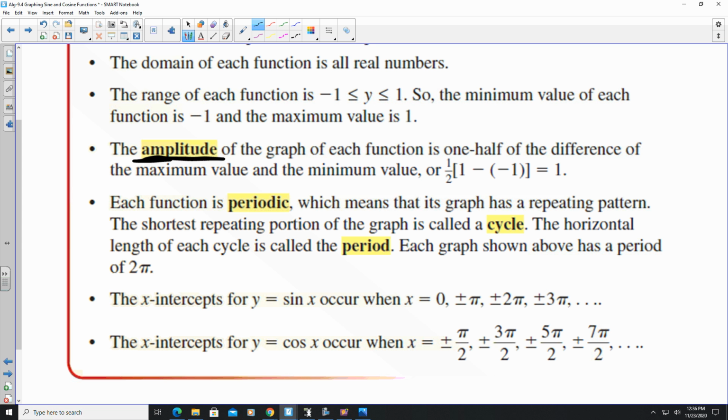We need to identify the amplitude of our graph, and we need to identify the period of our graph, okay? Because our graph is going to go on and on into infinity, we have to establish where our graph starts and ends before it repeats itself, okay?